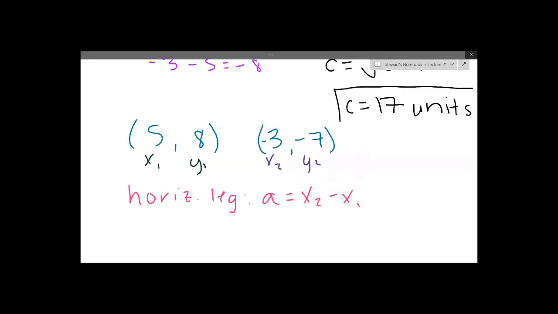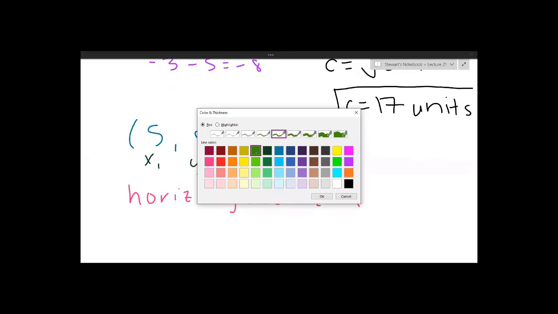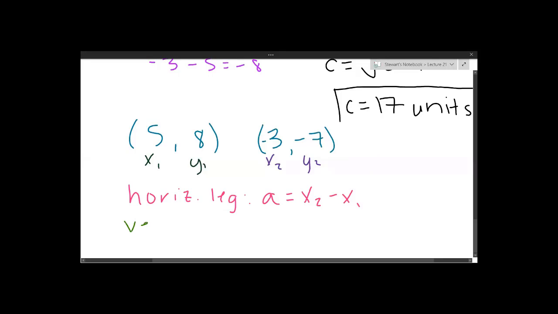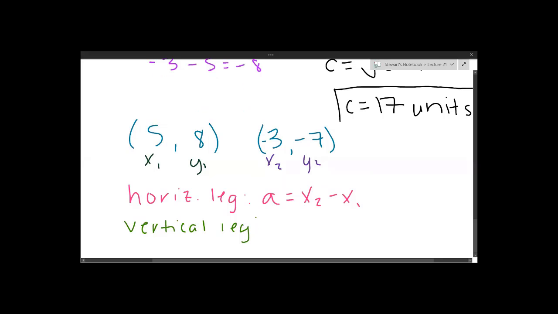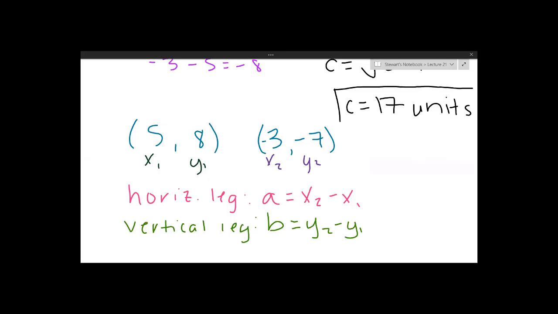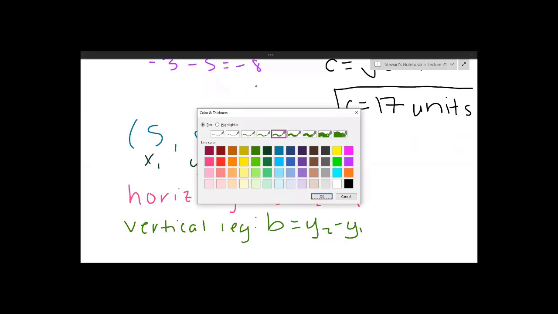And then the vertical leg is just the difference of y values. So we'll call that one B, and it was y2 minus y1. Okay, and then C is the unknown. That's what we don't know yet.